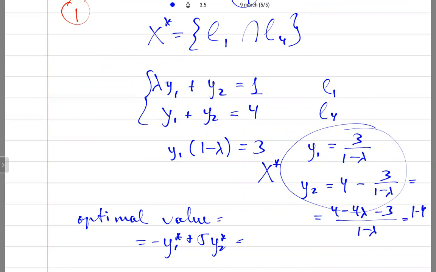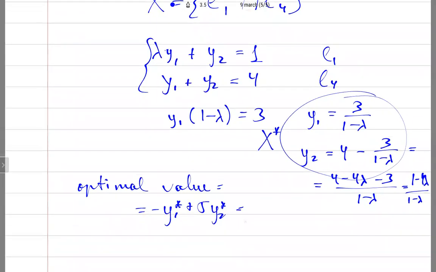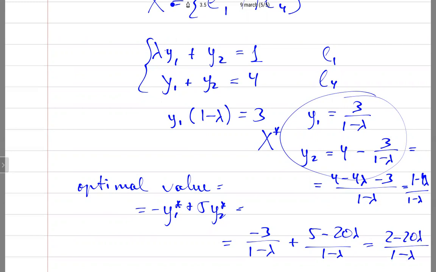It's 1 minus 4 lambda over 1 minus lambda. And so basically I get the optimal value in that case, minus 3 over 1 minus lambda plus 5 times 1 minus 4 lambda over 1 minus lambda, and it will be 2 minus 20 lambda over 1 minus lambda. Okay?